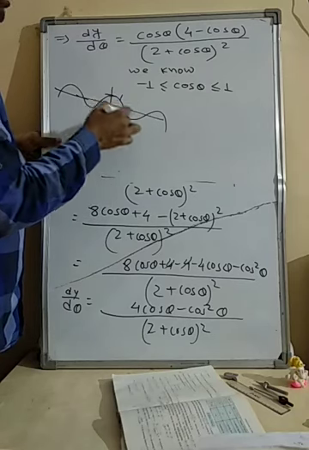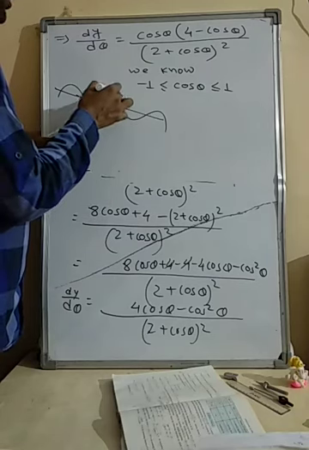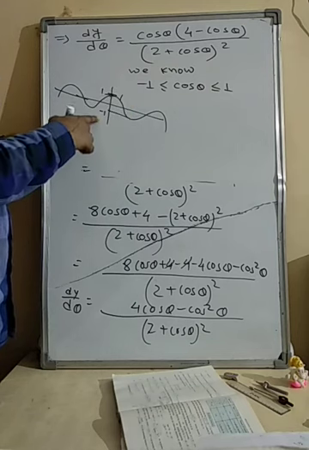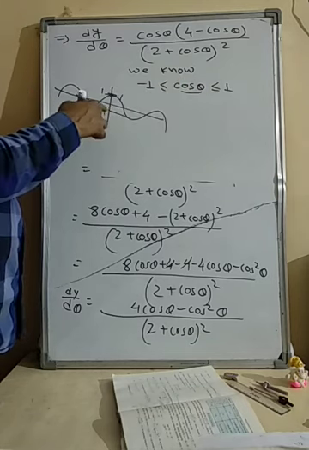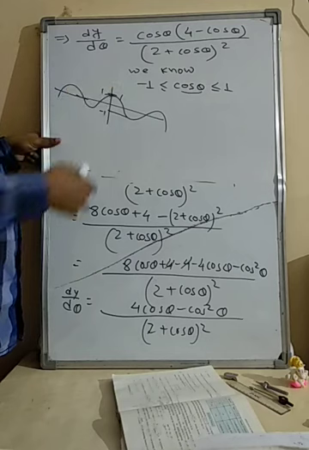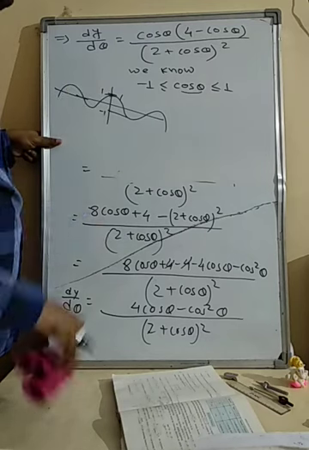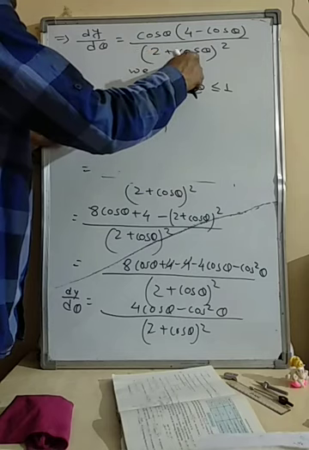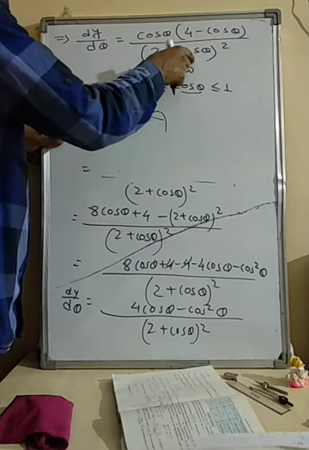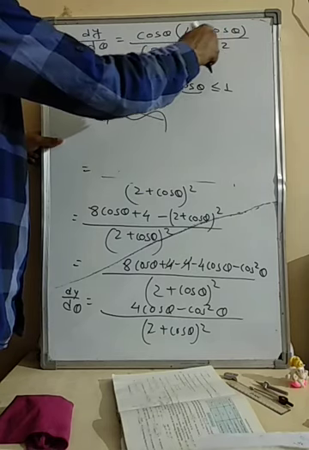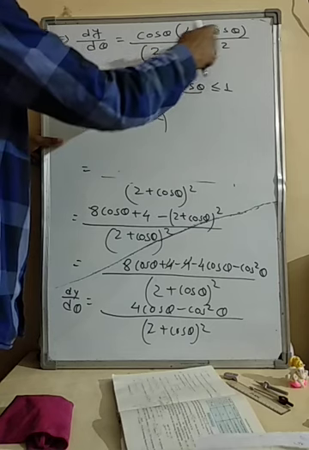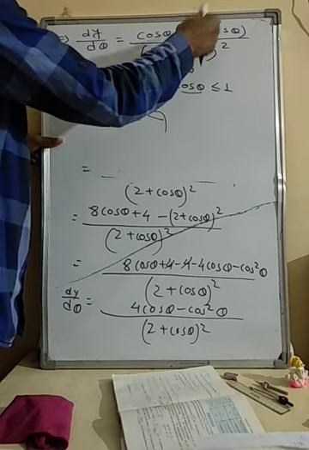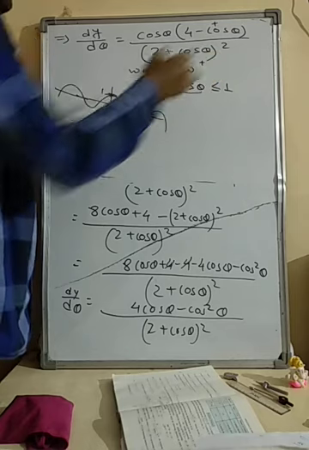The highest value is plus 1 and the lowest value is minus 1. So the value of cos theta never crosses this limit, minus 1 to plus 1. Whatever value I put here, if I put cos theta as minus 1, 2 minus 1, 1 square is positive. If I put the highest value of cos theta, that is 1, 4 minus 1 will be 3, positive. This is positive, this is positive.